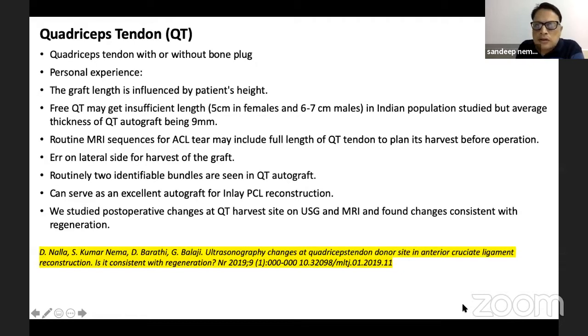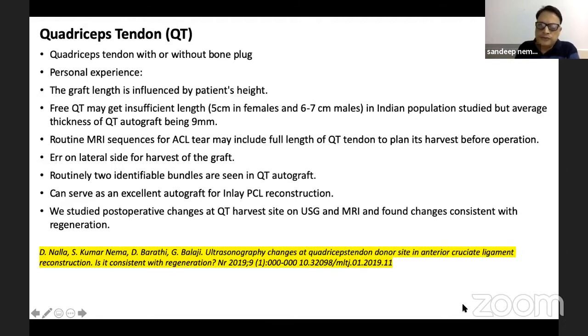So first and foremost is the graft length. The patient's height influences the length of this graft. The taller the patient, the longer the graft. This is similar to that of the semitendinosus tendon. With the free quadriceps tendon you may get insufficient length.